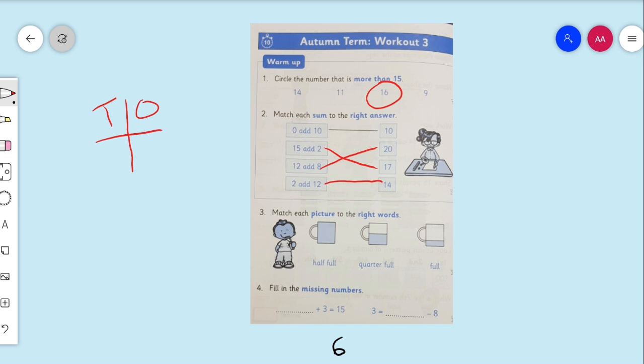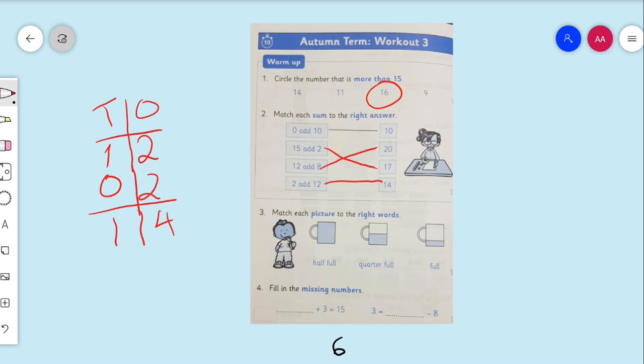So we put the bigger number up and then the smaller number down. Okay, so 2 plus 2 is 4. 1 plus 0 is 1 because it stays the same when you add 0 into it. So in both ways, the answer is the same.